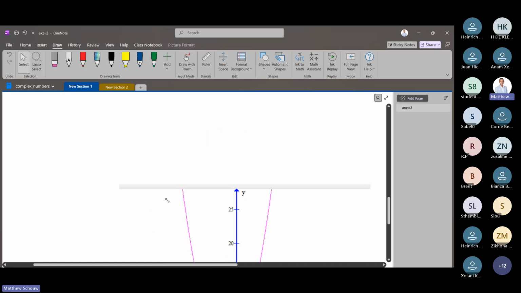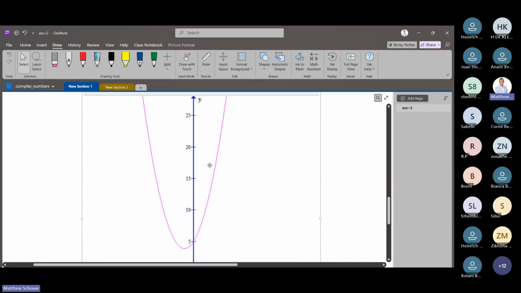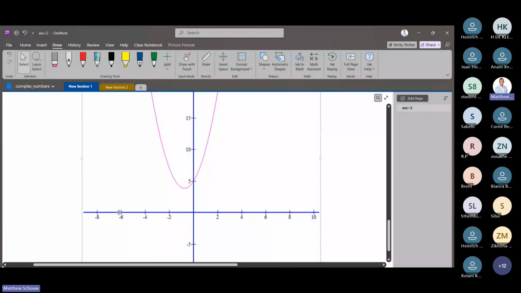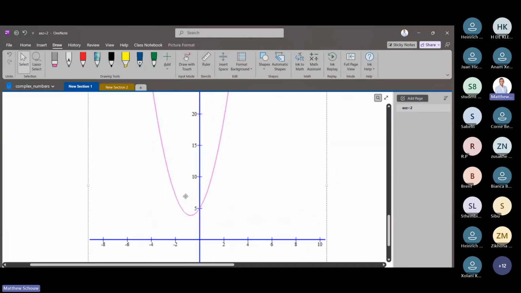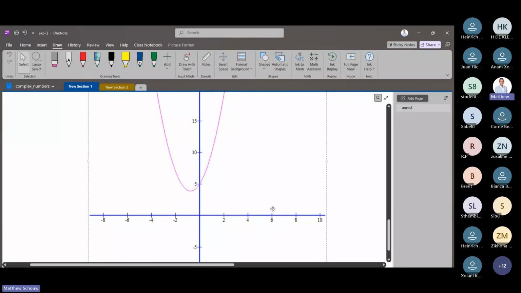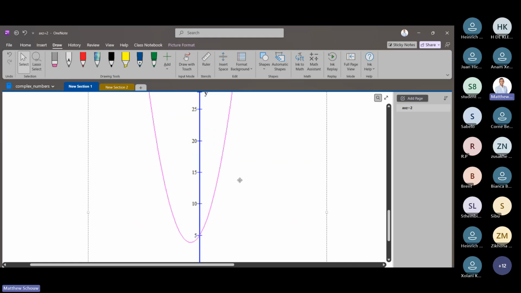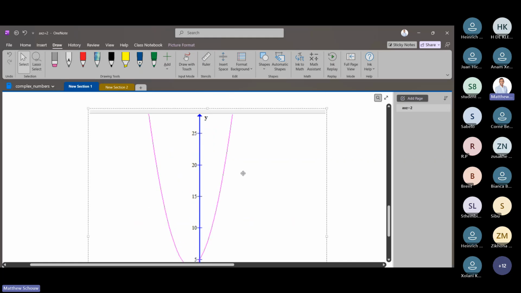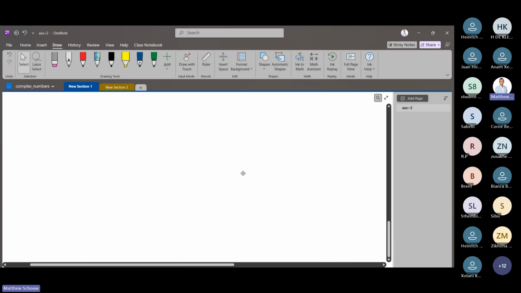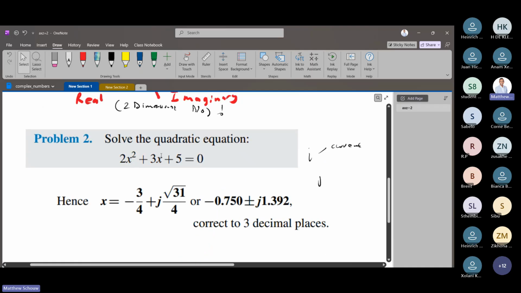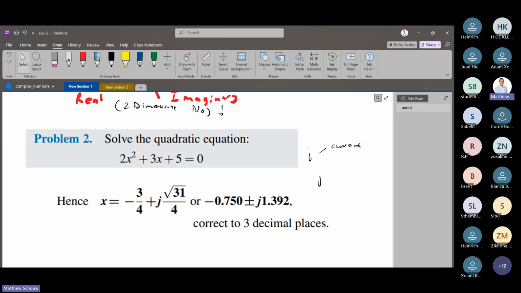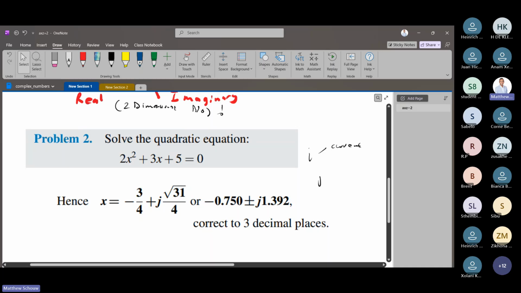That's what that graph looks like. In this case, the y is the imaginary axis. There's nothing happening there. You might think that it cuts, but it's not the same as your standard functions. I'm not sure how common it is in the question papers, but it's a very important thing to go through.